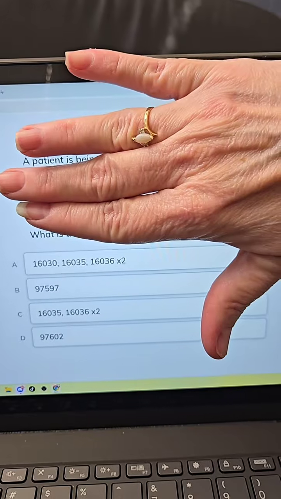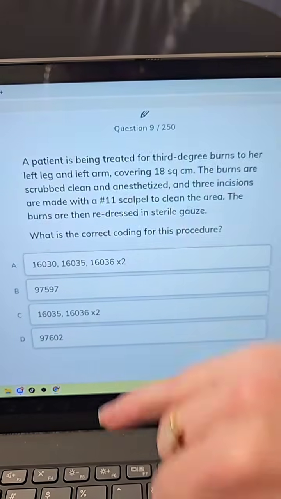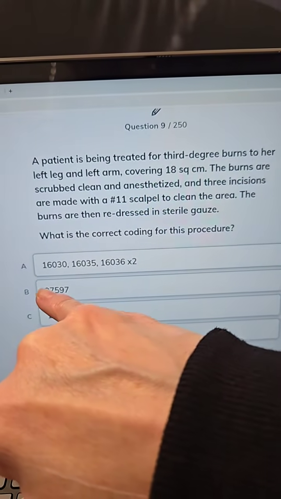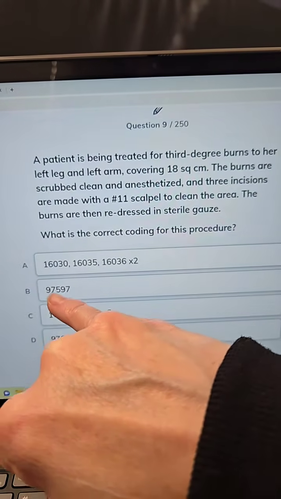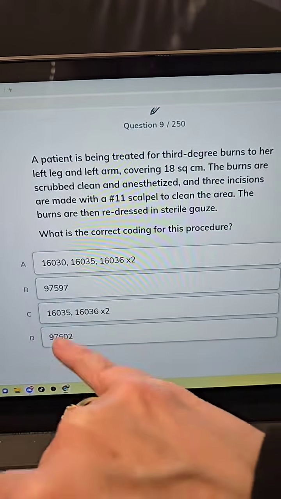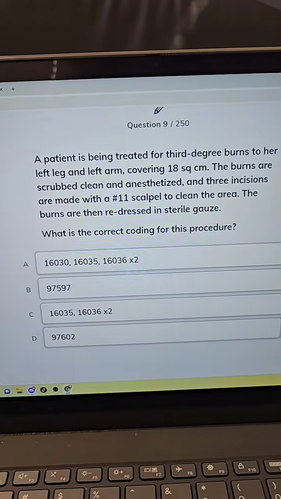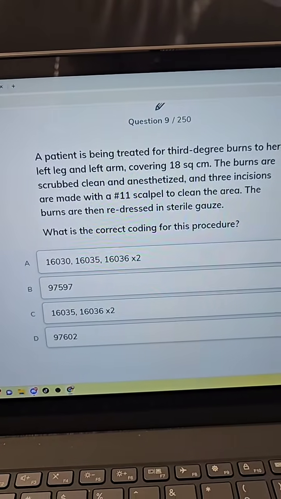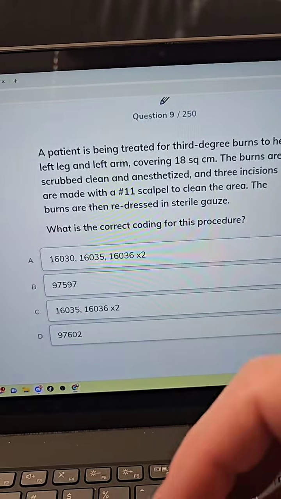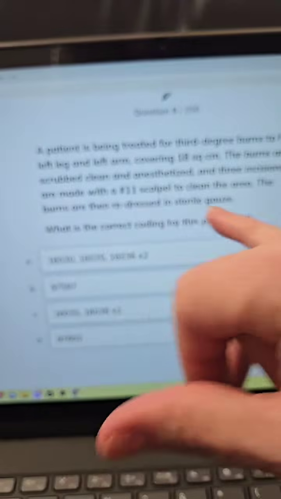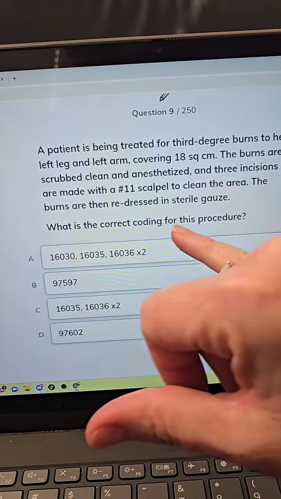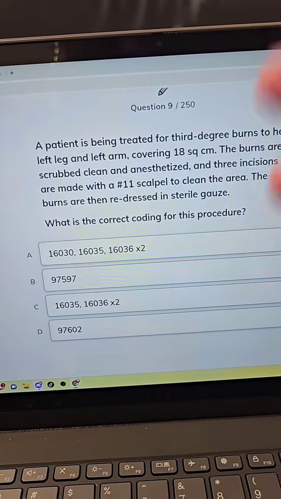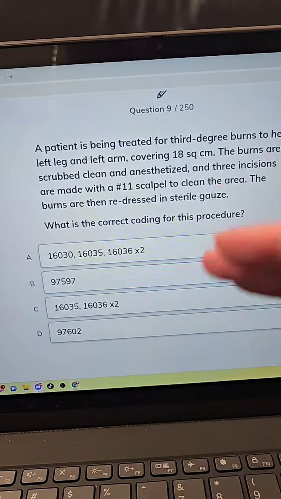A lot of times you can pick out incorrect answers. For instance, if this was one of the CPT codes in the book that has the plus symbol in front of it, that could not be the correct answer, because we know that code cannot be coded as a standalone code. It can't be the only code for a procedure. Now, if they ask what is the second code in this scenario, then of course that could be right, but it could never be the first or the only answer.